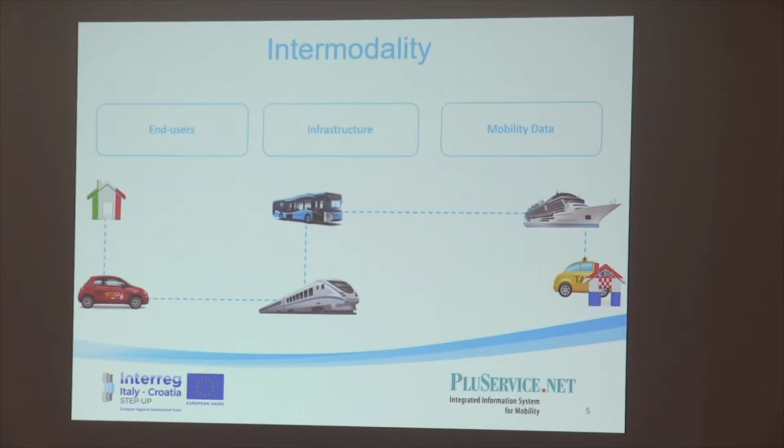Of course, all this travel is possible only if there is an integration of all these transport modes, and if there are good infrastructures and mobility data available to the other transport providers and to the integrator.